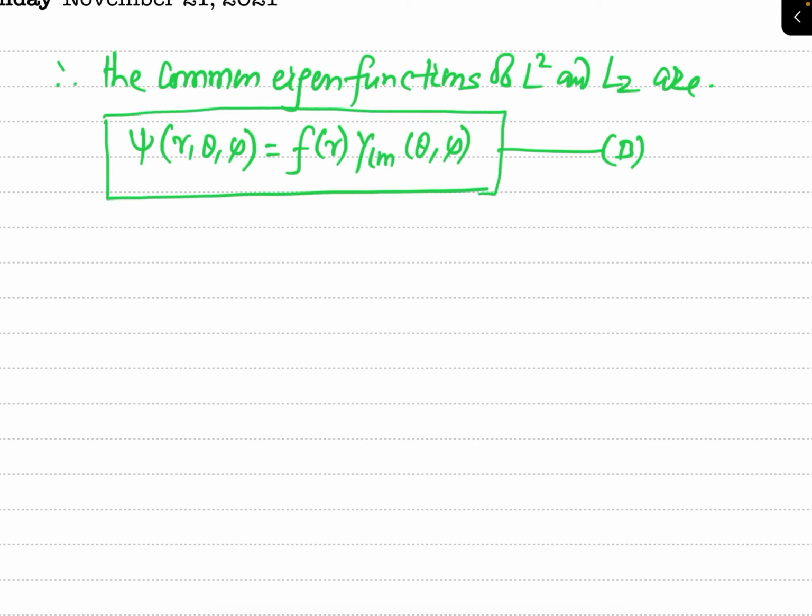Now there are several situations when the eigenfunction of the operator L square is independent of r.